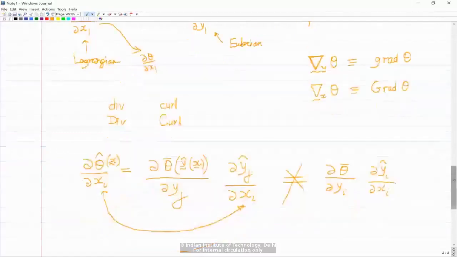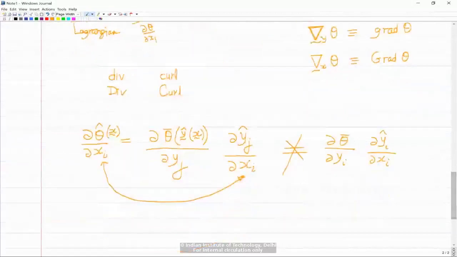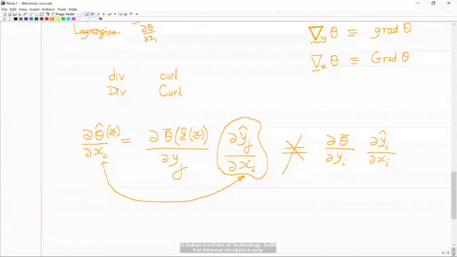Okay. Now, what is this thing over here? So you know that y is this function y hat of x.